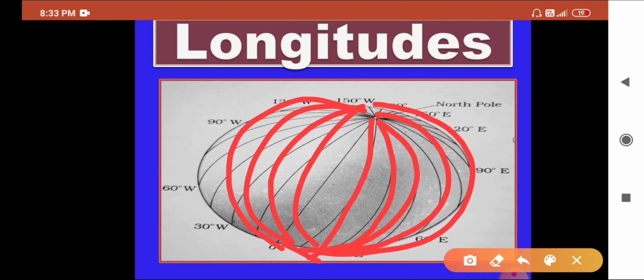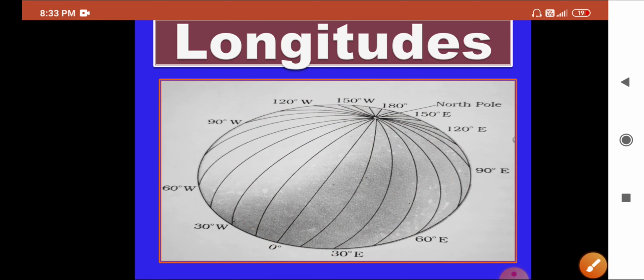These are not parallel. These lines are joining our earth. Okay, you can understand.